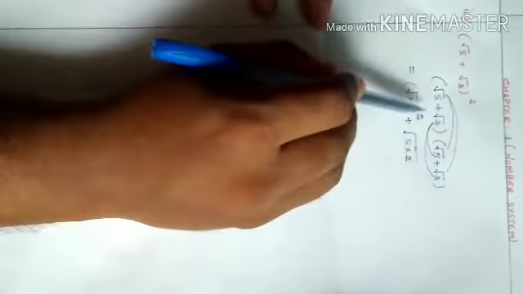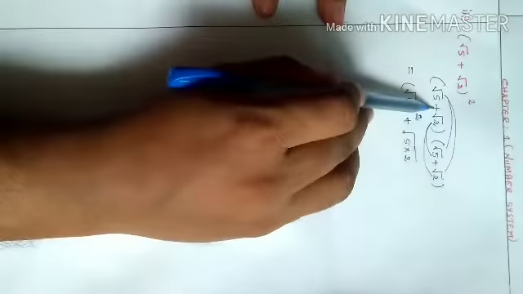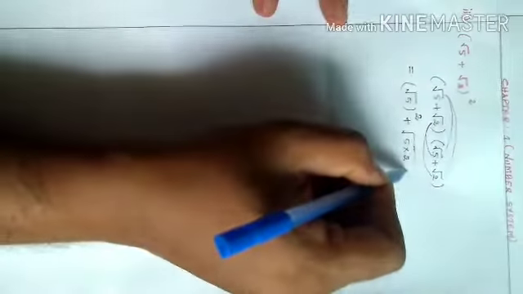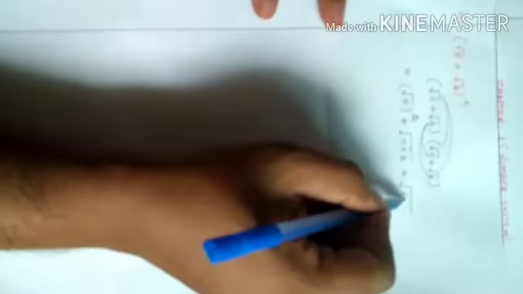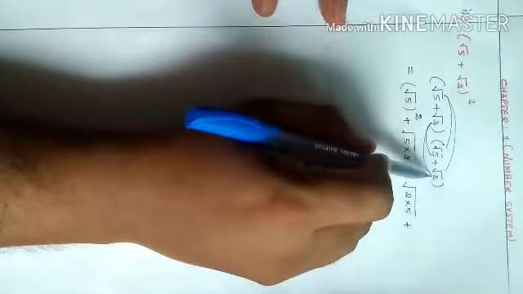The sign is plus, here also plus, so plus root 2 into root 5, so root of 2 into 5, plus, plus into plus, plus root 2 into root 2, so root 2 whole square.